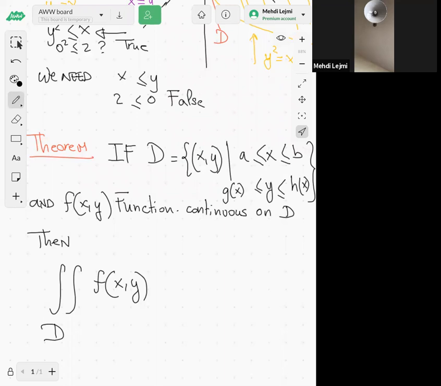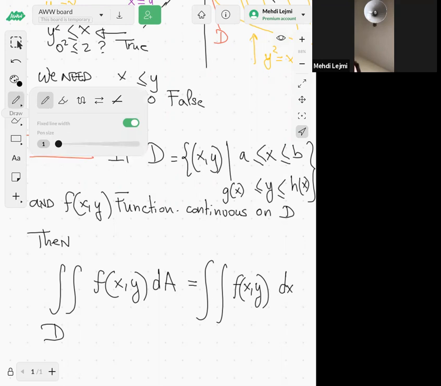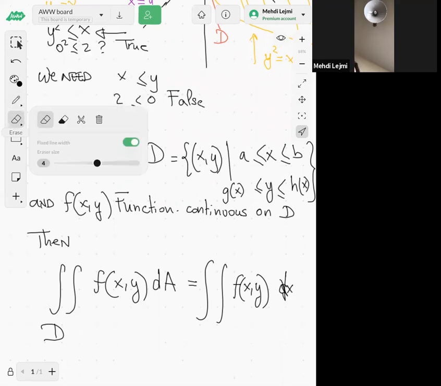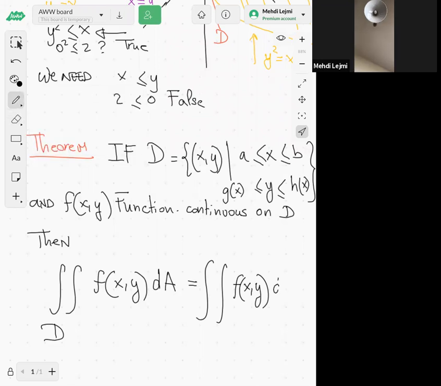Then the double integral of f of x, y over this region D, which is a region of type 1, with respect to the area element dA, will be equal to the double integral of f of x, y. Here x is between a and b, y between g of x and h of x, so we need to use dy dx, integrating with respect to y first.